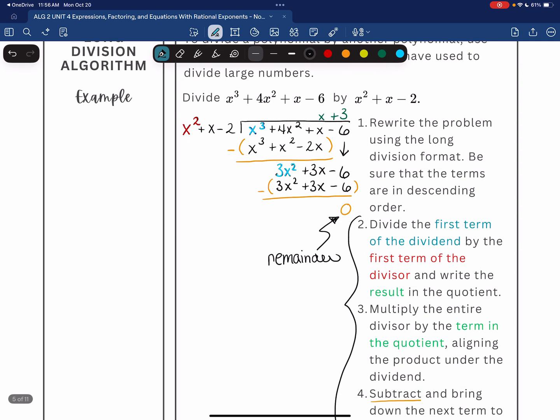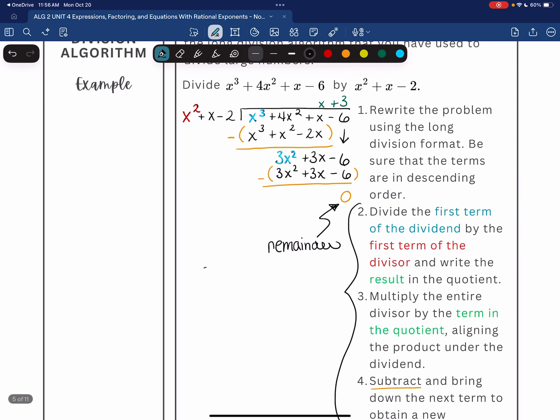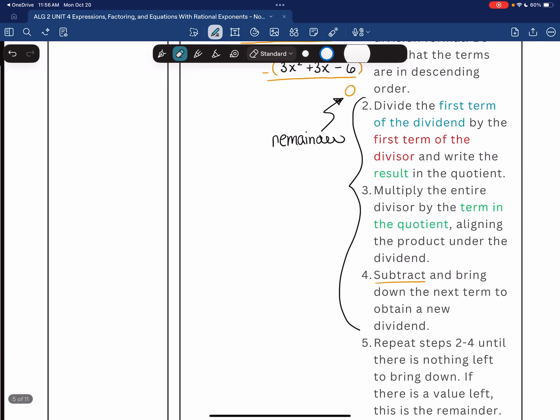There is no remainder. What we can say is that, let me make just a little note here in the margin.